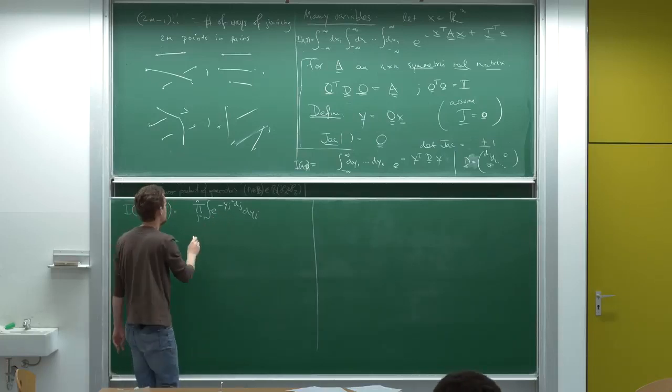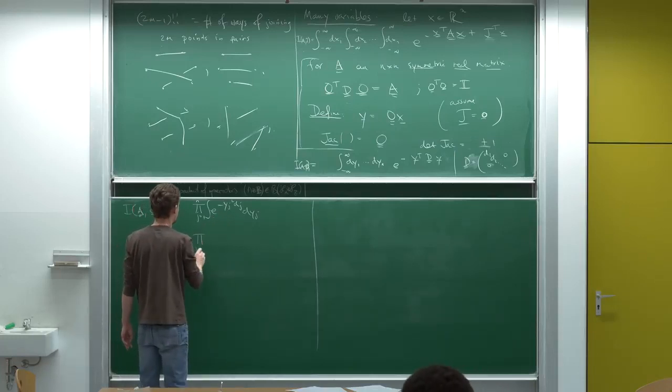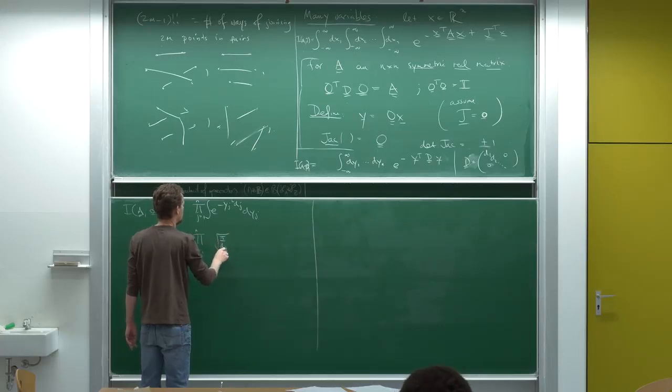So this is the product of j equals 1 to n of root pi on dj.